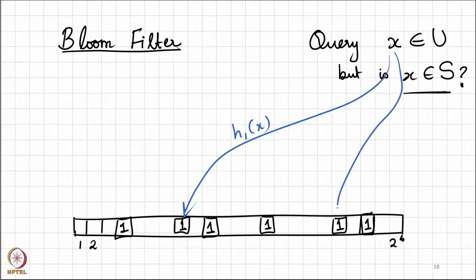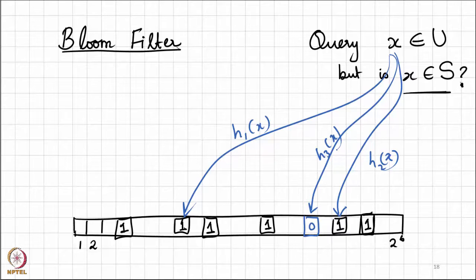Let's say h2 of x is also leading to a bit position where we have a 1. And let's say h3 of x, however, leads us to a bit position where there is a 0. In this situation, we know that x does not belong to the set S.